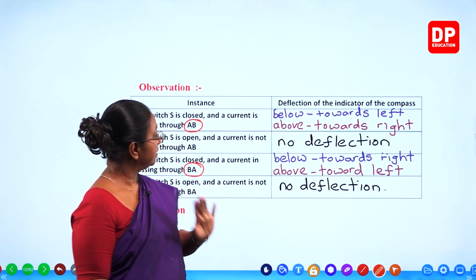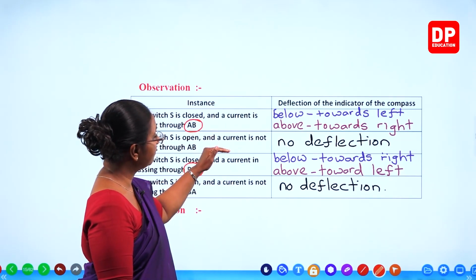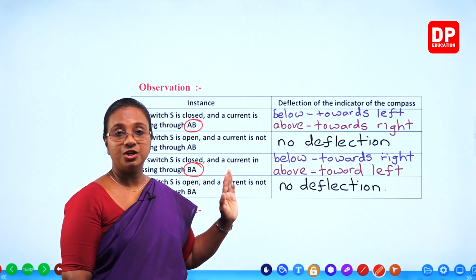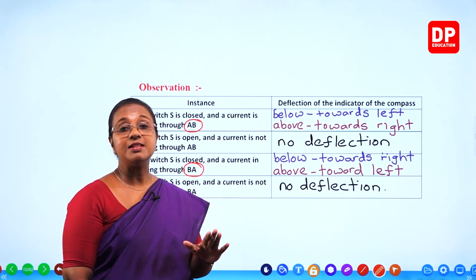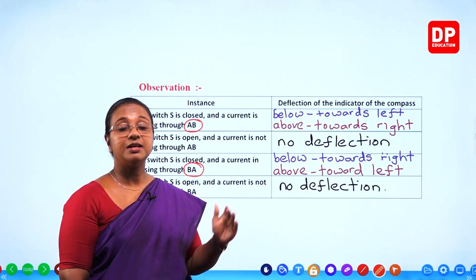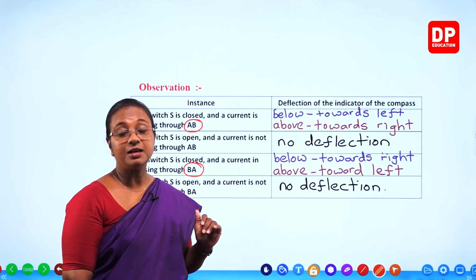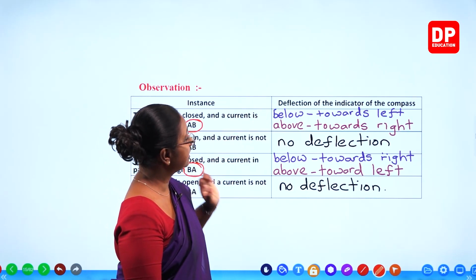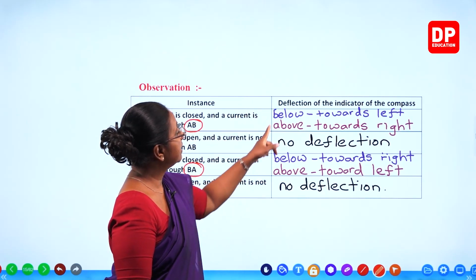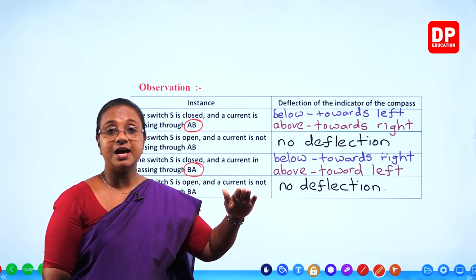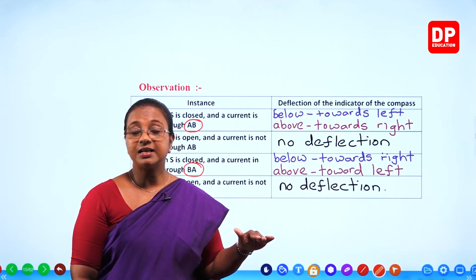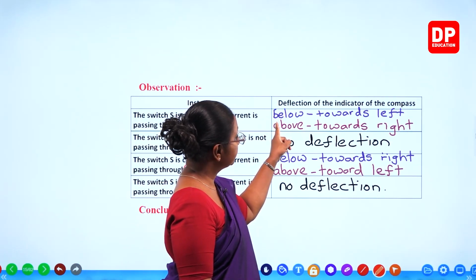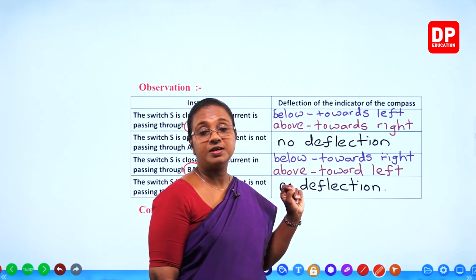One thing. Then this is the first one you all were able to understand. When there is no current flow, no deflection. So that means only when the current is flowing through the conductor, there is magnetic field. And then, if you look at this instance, you can see the magnetic field above the conductor and below the conductor are different. That is why when the compass is below, the deflection is towards the left.